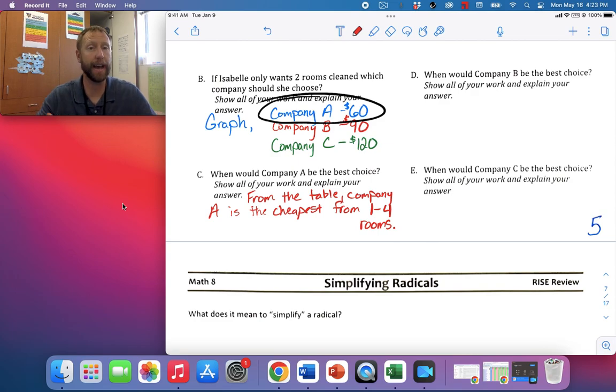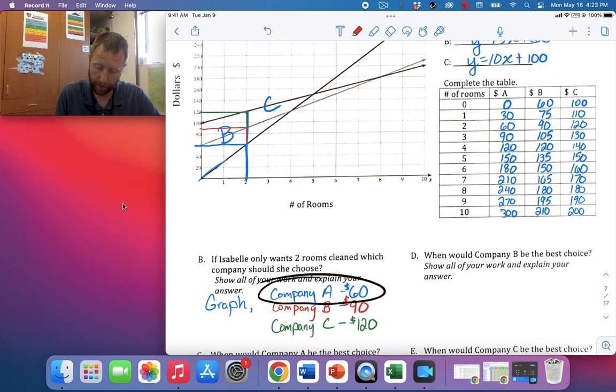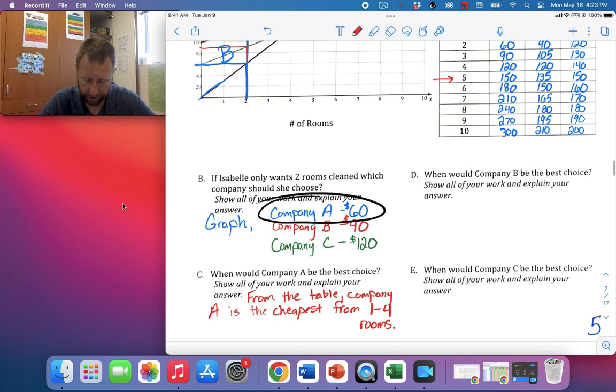Now after that, not the cheapest anymore, right? Starting with this 5th one, I can see, oh, company A is 150, company B is only 135. Okay, company C is also 150. So it went from being tied for the cheapest to being tied for the most expensive in just 1 room. All right, but let's answer the next question.